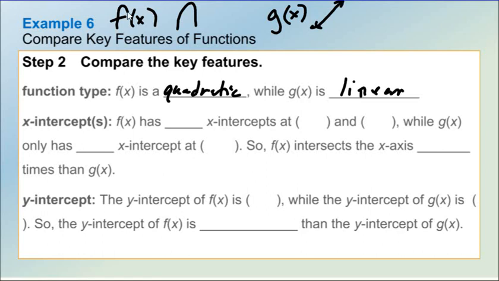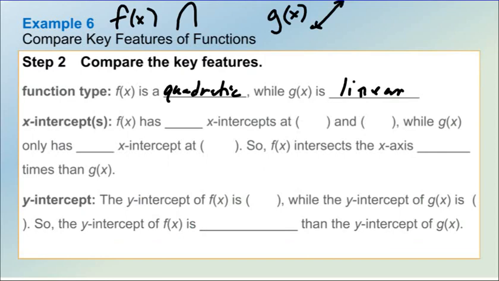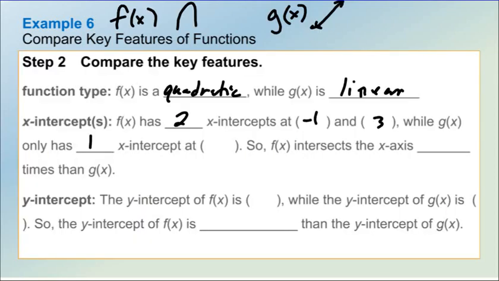The x-intercepts for f of x. So if I go here, the f of x, that's at -1 and 3. So it has two x-intercepts at -1 and 3, while g of x only has one x-intercept, and that one is at -4.